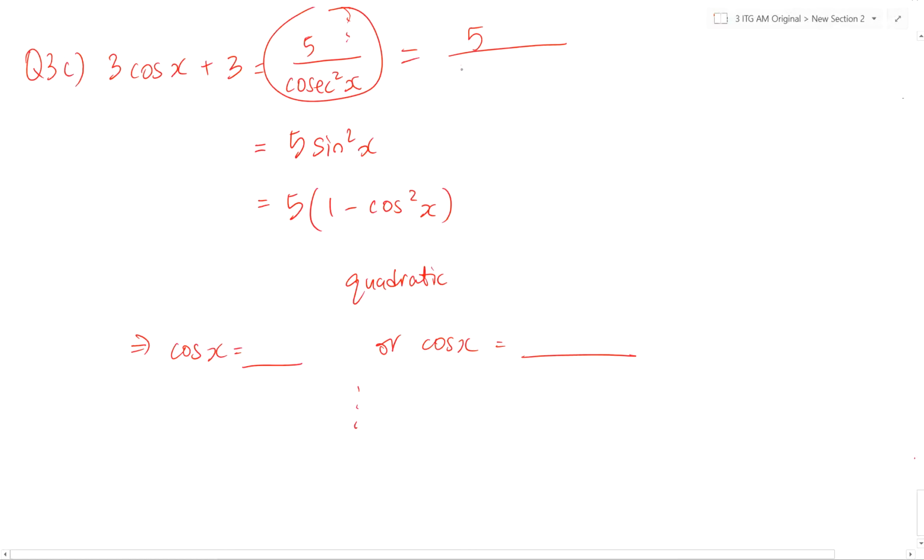This is 5 over 1 plus cotangent square x, right? We could have done this, right? Is it going to help? No. How does cotangent square make things easier for us as compared to cosecant square?